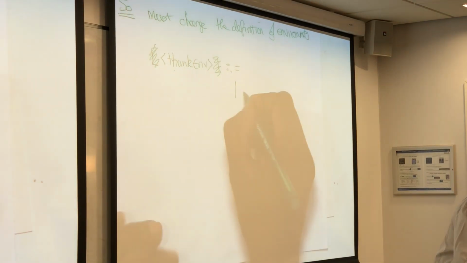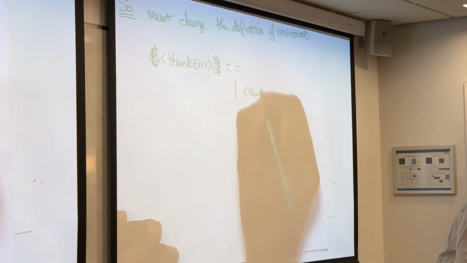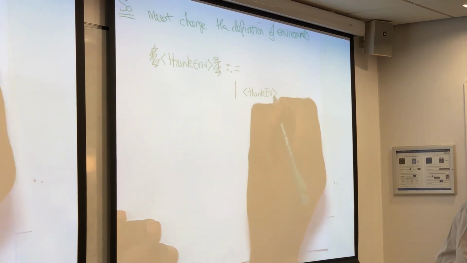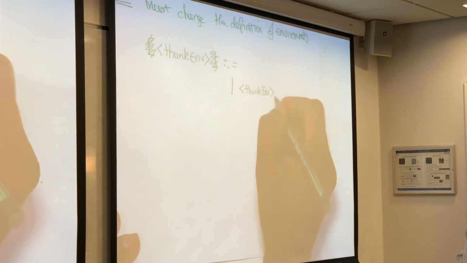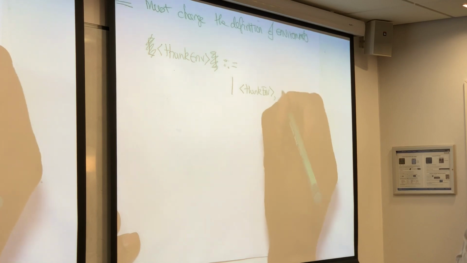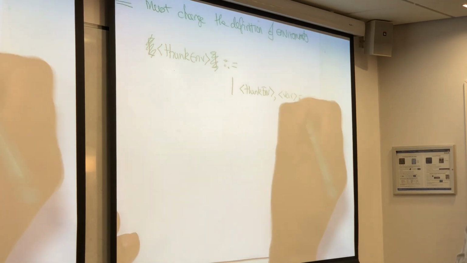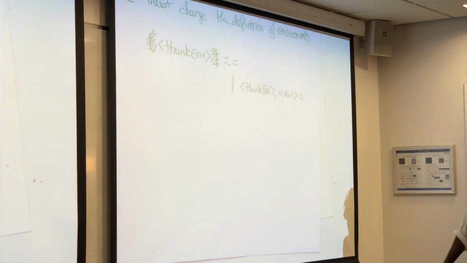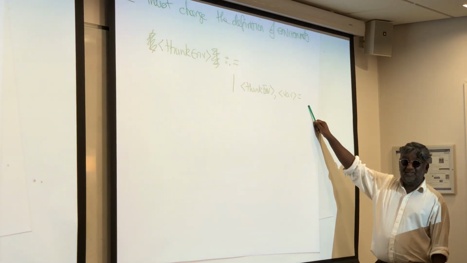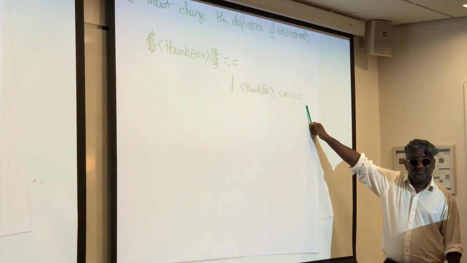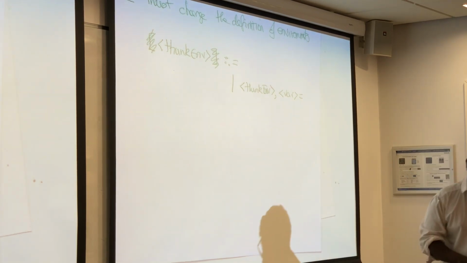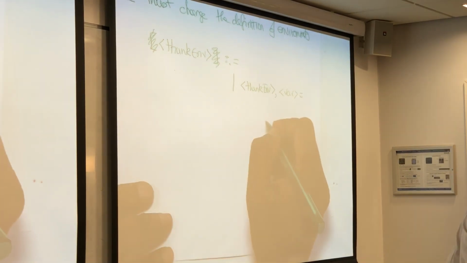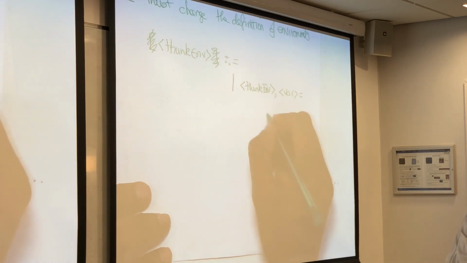Or we've already got some thunk environment, and now we want to add a variable equals to something. And previously, remember, we just put a value here. But now we want to put a term with its environment. So we're going to have to put two things in there.